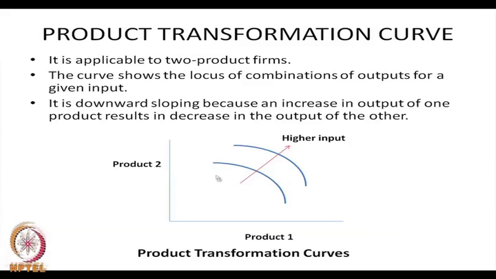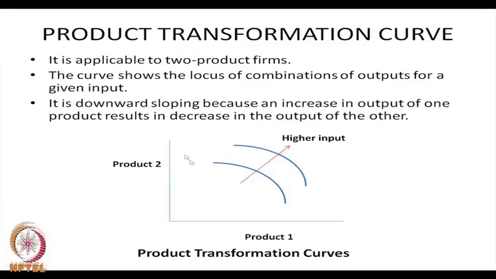So, this is called a product transformation curve for different inputs. I have drawn 2 curves. This is for lower amount of input, this is for higher amount of input, but input is constant here. The curve shows the locus of combinations of outputs for a given input.